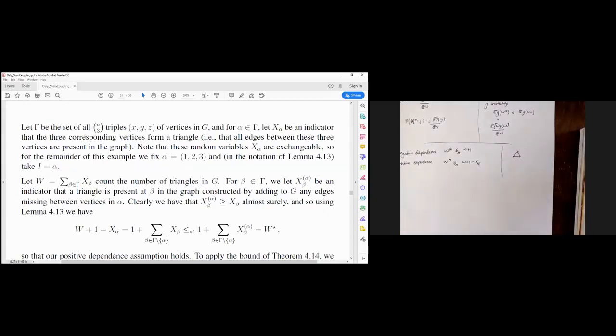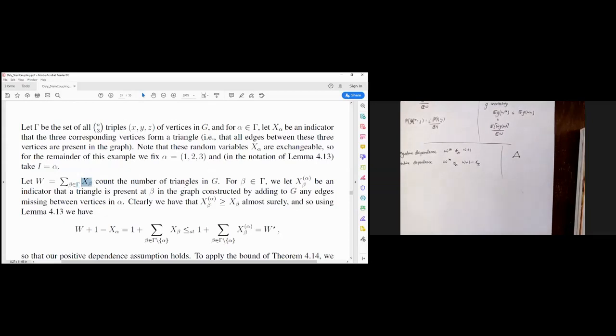So for every possible set of 3 vertices, I can have an indicator that tells me that all 3 of those edges are present. So if gamma is the set of all sets of 3 vertices, I just have an indicator for each of those sets that tells me that all 3 of those edges are present.